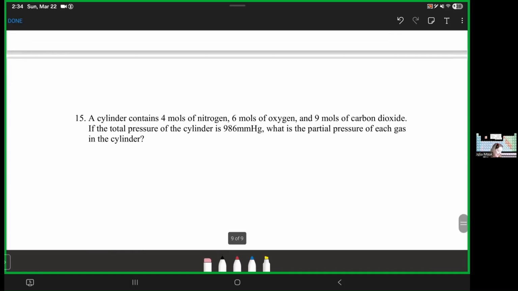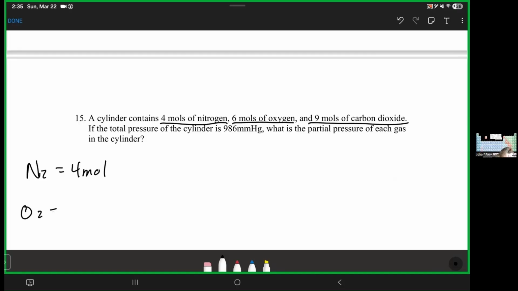Okay, and this is our last one we're going to do. And if you're in allied health chemistry, they may or may not have you do this type of problem. If you're in general chemistry, you're definitely going to do this problem. Okay, so they've given us our moles of nitrogen, moles of oxygen, moles of carbon dioxide. I'm going to write this down here. So nitrogen, I have 4 moles.